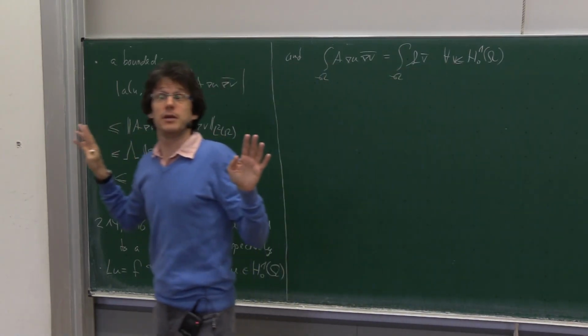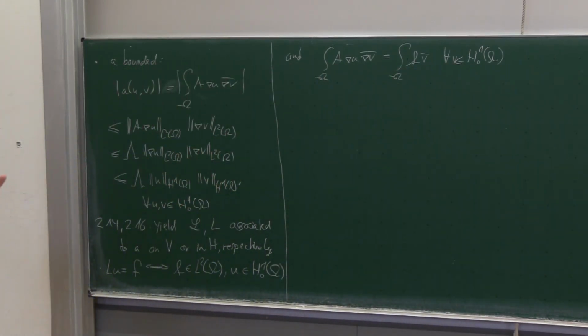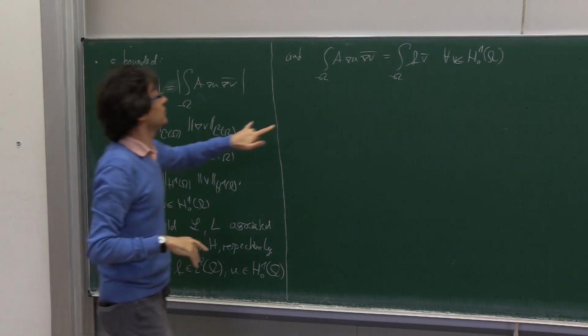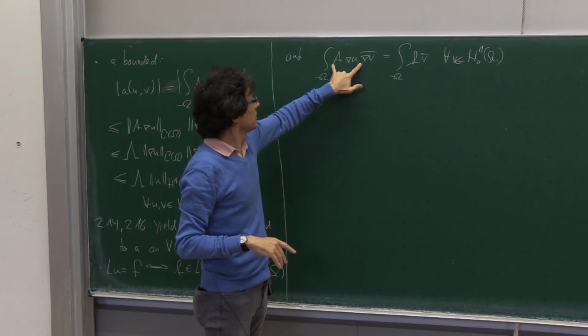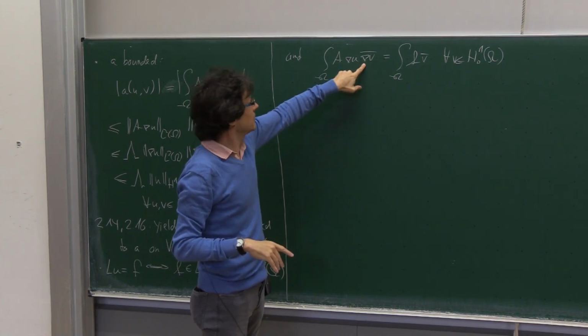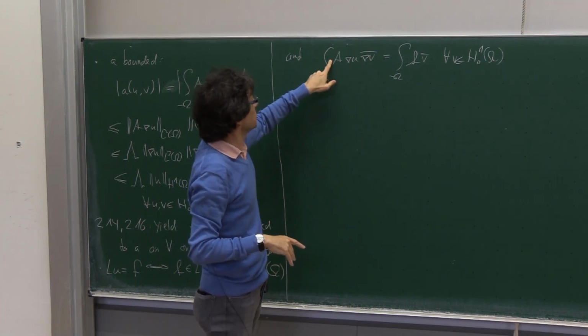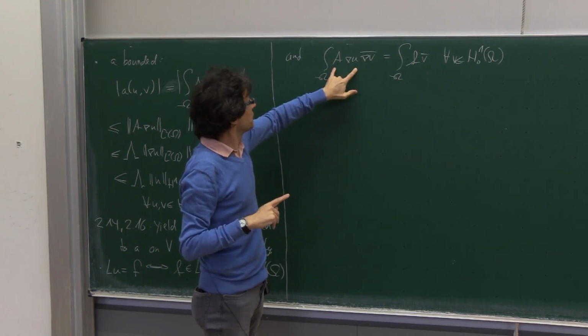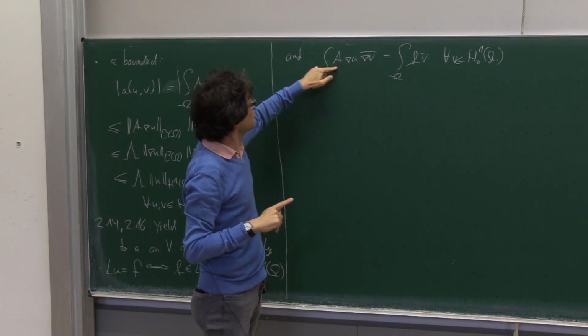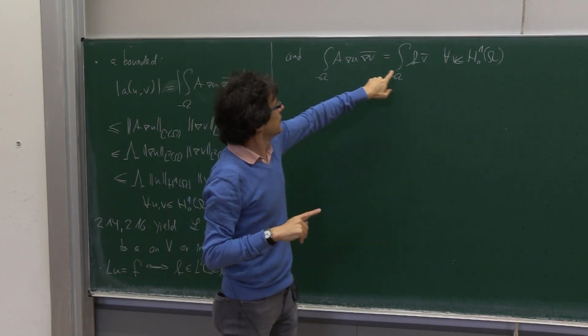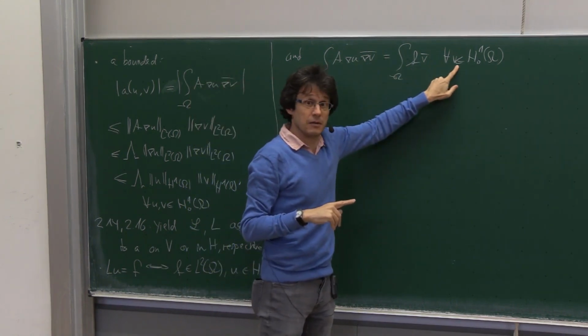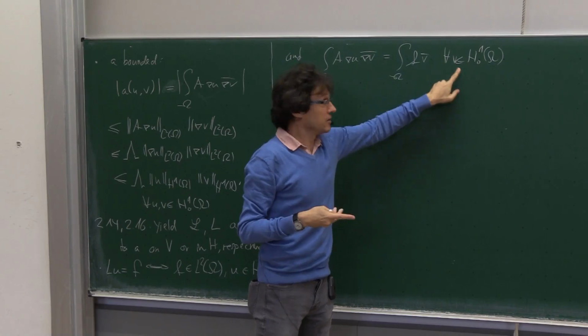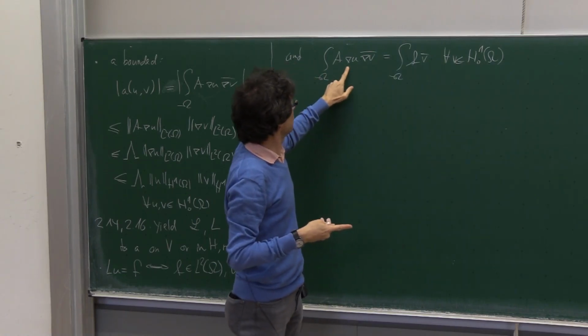In general, it will not be, because the A is just a bounded measurable function. So the A could be really nasty. But suppose A gradient u is a weakly differentiable function, then you can do the partial integration. You can put this gradient over here. This will give you a minus divergence. So you get the integral of minus divergence of A gradient u times v bar equals the integral of f v bar for all v. By the fundamental lemma of calculus of variations, minus divergence of A gradient u equals f.